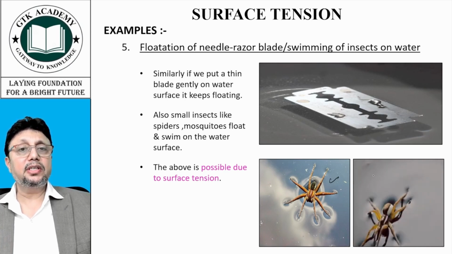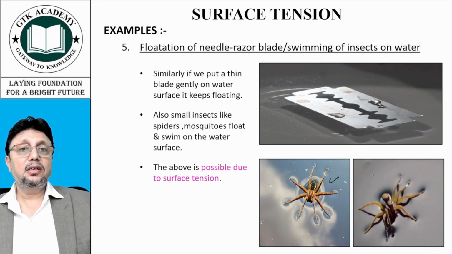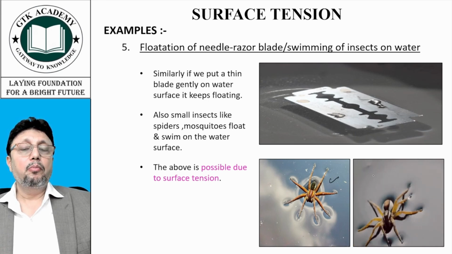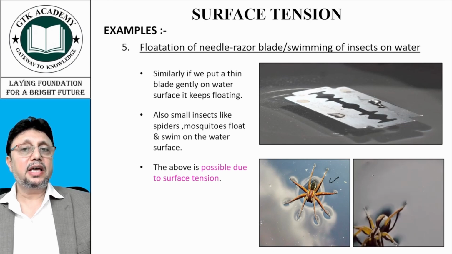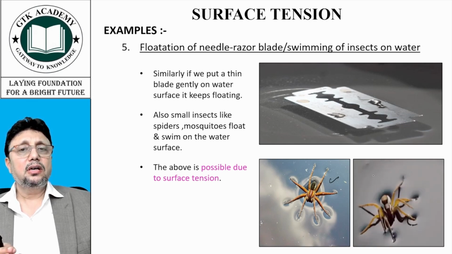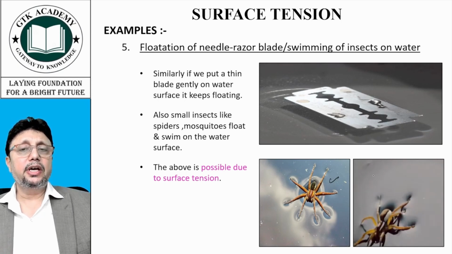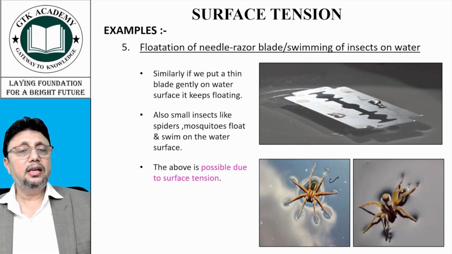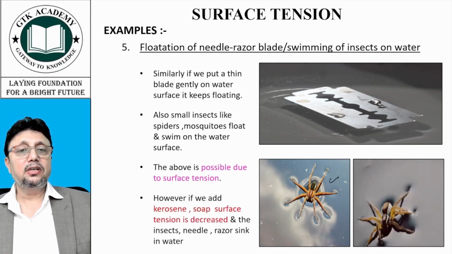There is no question why they should float on the surface. But there is a membrane. The surface is acting as a membrane, which is sufficient to take the load of these very light objects like needle, razor, and definitely these insects.